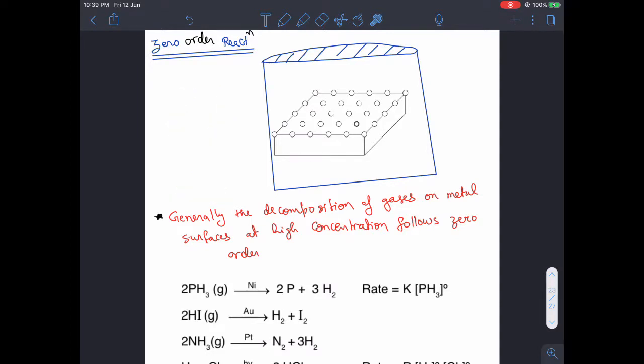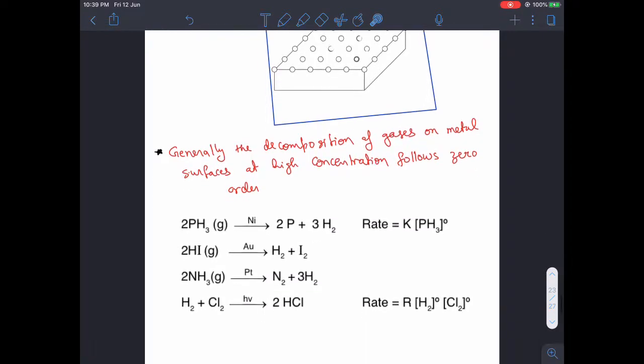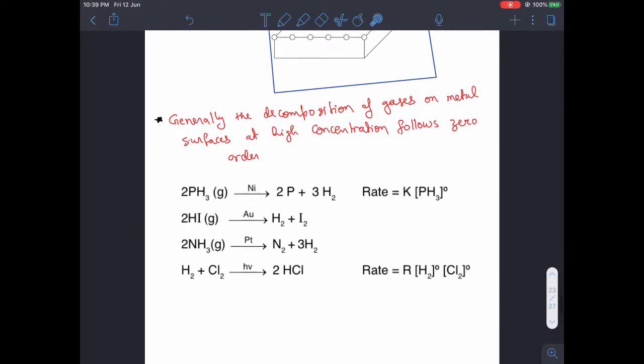So let us look at this with the help of certain examples. What is the key point associated with this reaction? This reaction is mostly induced by the decomposition of gases on a metal surface, and mark this word: at higher concentration it follows zero order reaction.